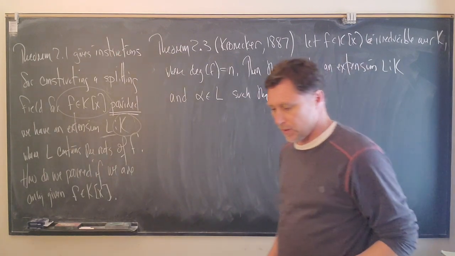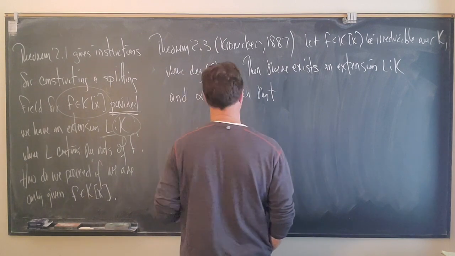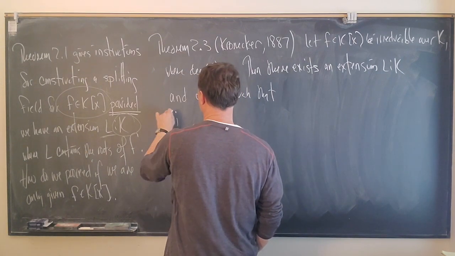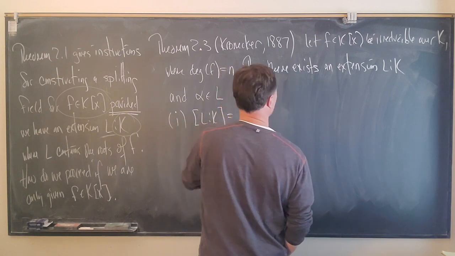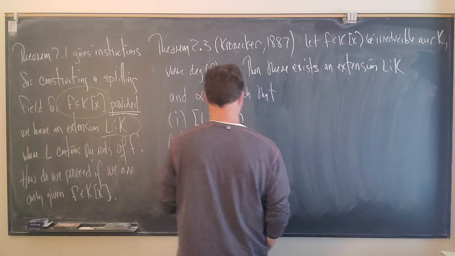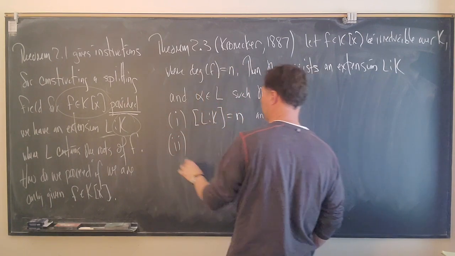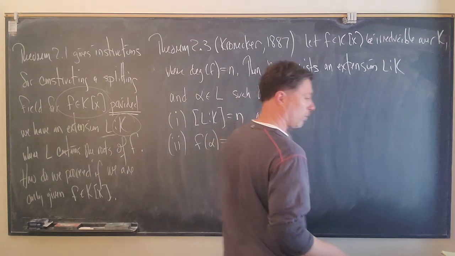The first thing is that this will be a degree n extension, so such that 1, the degree of L over K is equal to n, and more importantly, f of alpha is equal to 0. That's the important part.